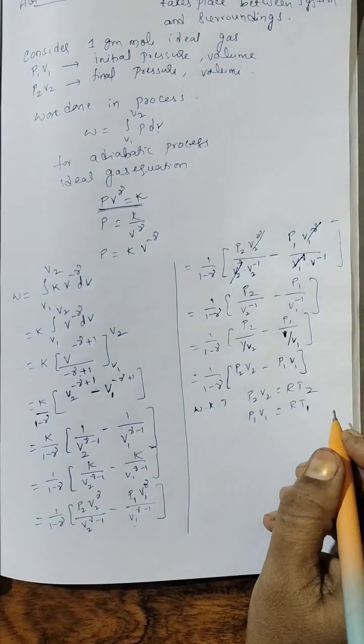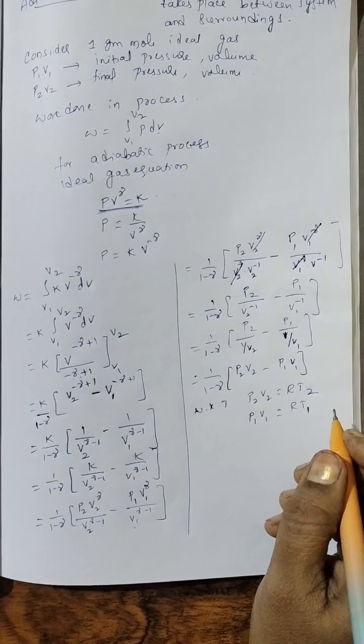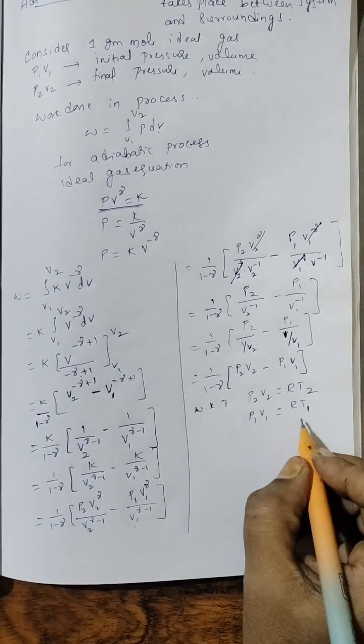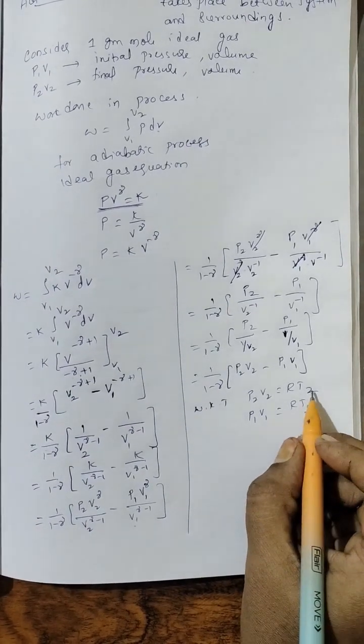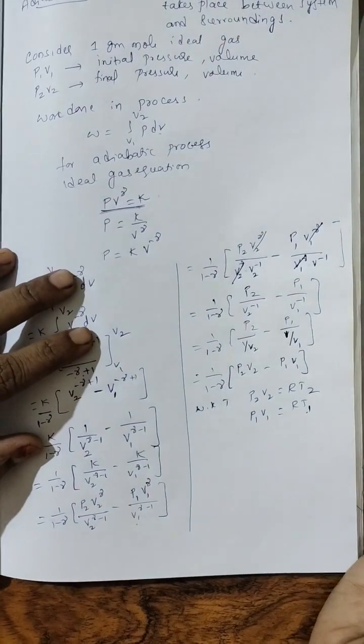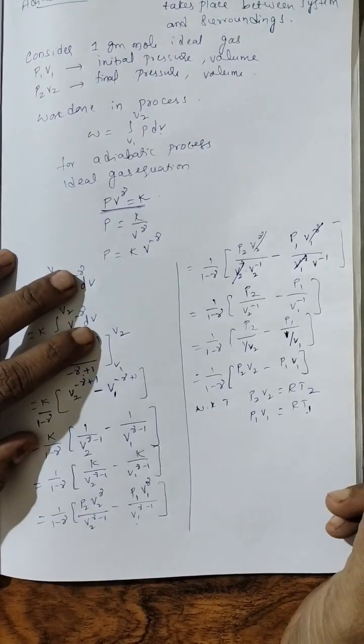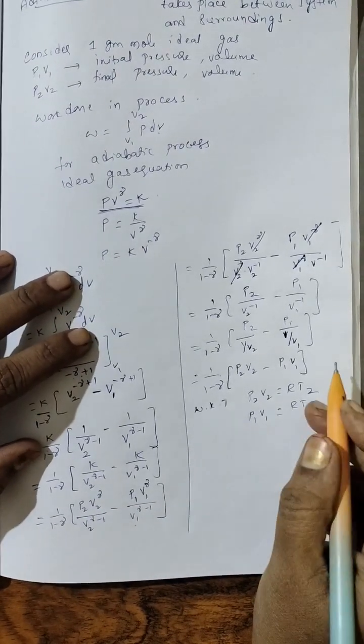Here there is no heat exchange, but temperature in that particular system changes. So initial temperature be T1 and final temperature be T2. Heat never exchanges between system and surroundings, but in the system itself temperature compulsorily changes from T1 to T2.